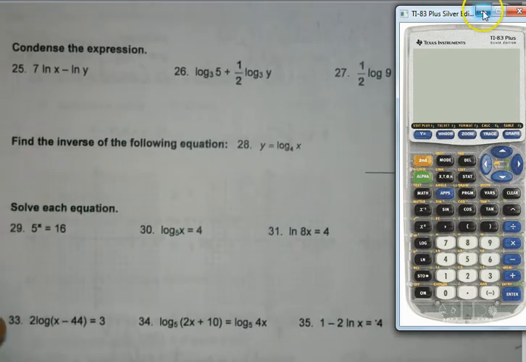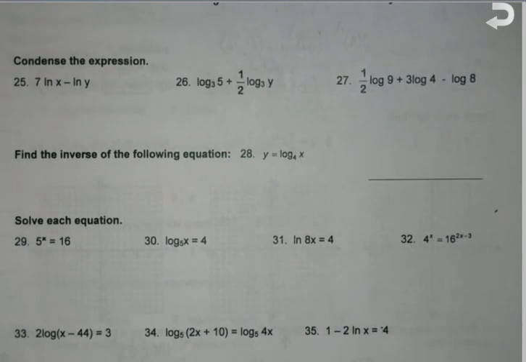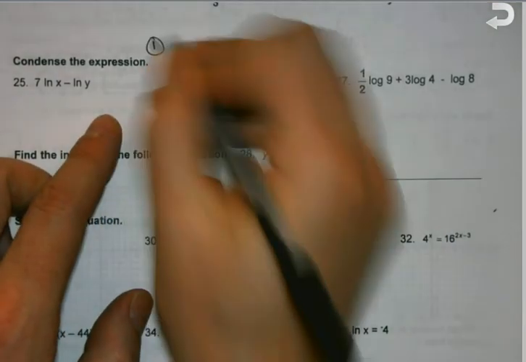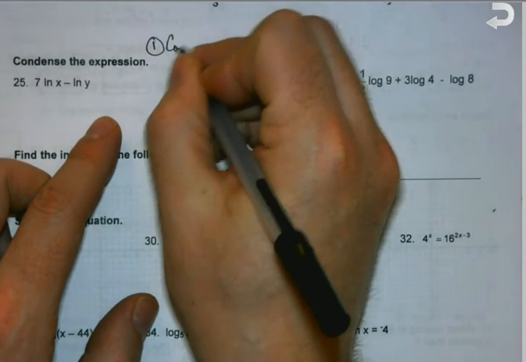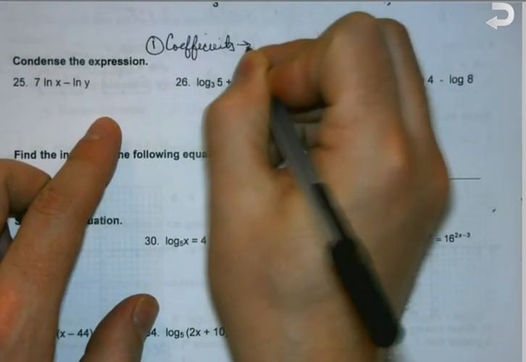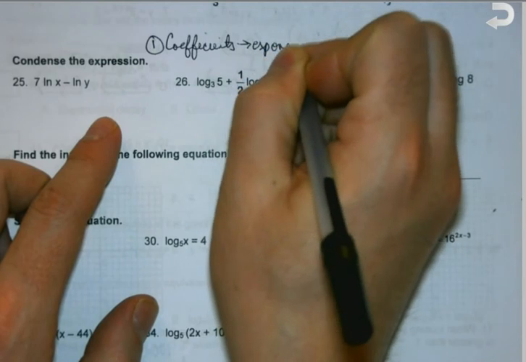Okay, before we go condensing, reminder of the rules. First thing we're looking for when we condense is coefficients. If we see any, those are getting swung around and becoming exponents.